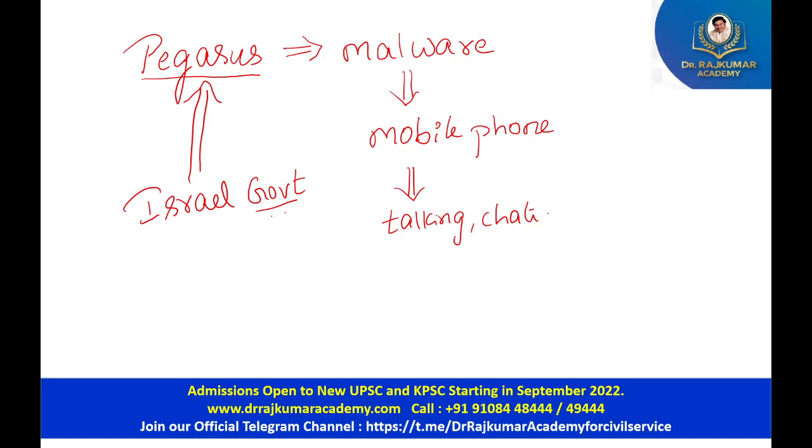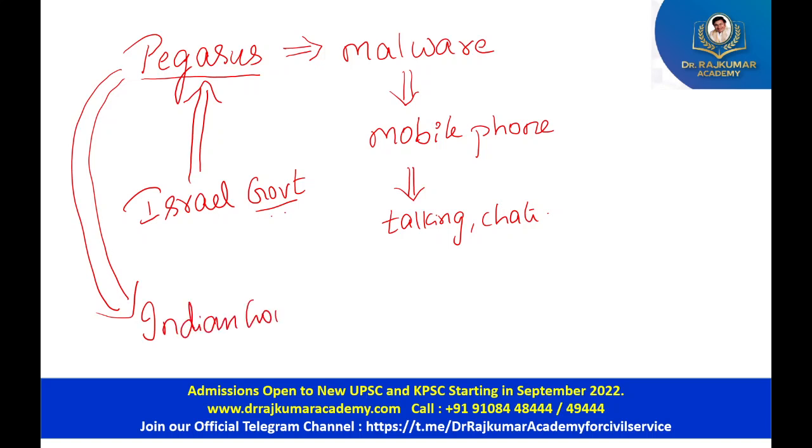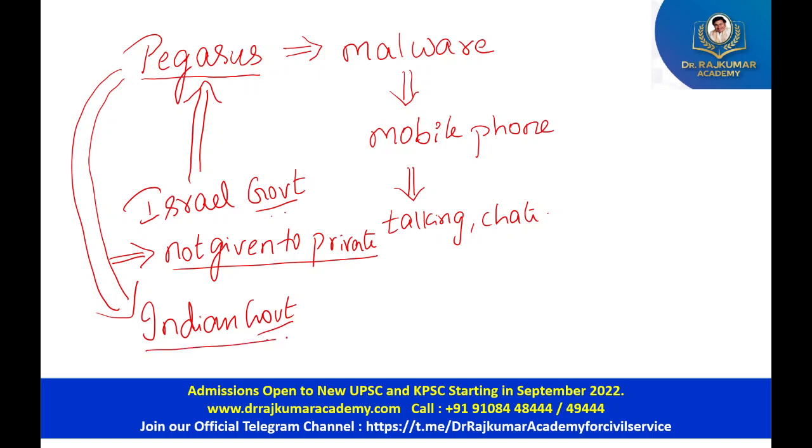Now, the Israel government has given this Pegasus to the Indian government. Fine. And remember, Pegasus is not given anywhere to private people. So this is only given to governments.